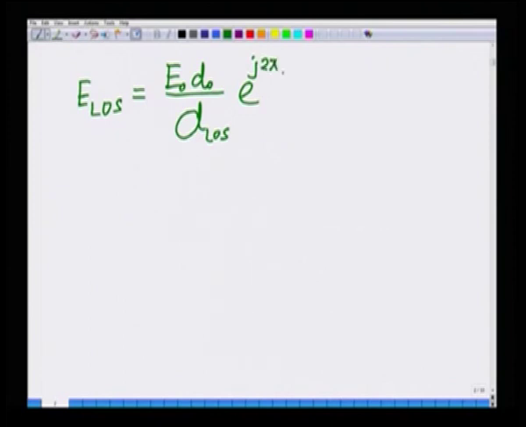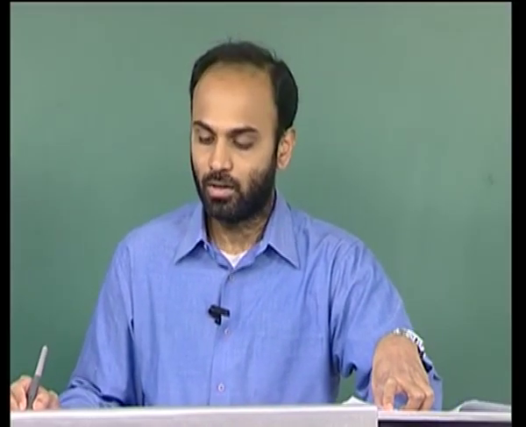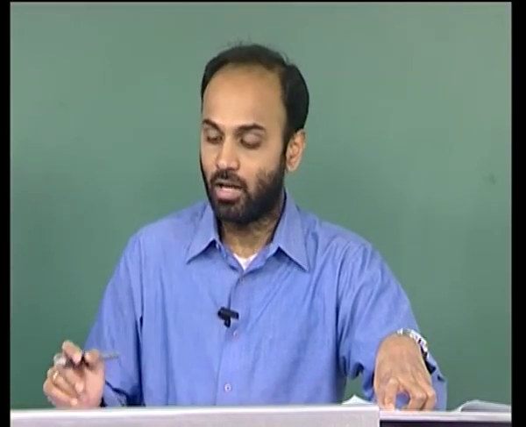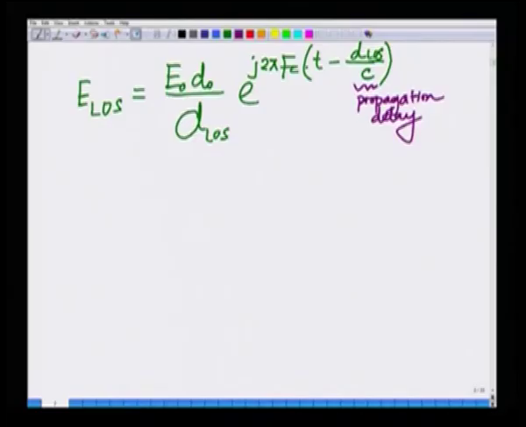And the phase factor of course, which is the most important thing, is given as 2 pi f c and a function of the propagation delay arising because of the distance. This is simply the propagation delay which results in the phase difference at the receiver, that is the phase lag at the receiver compared to the transmitter.